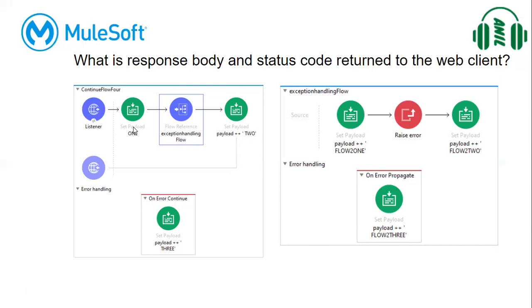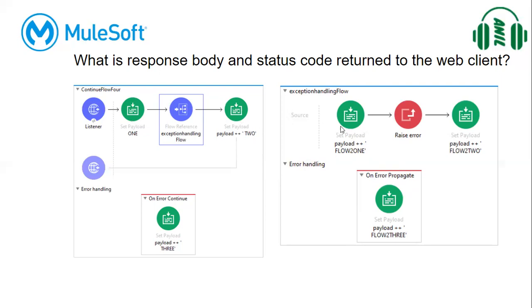So 1, then it will come to flow to 1, and it will go to flow to 3, and it will go to 2, because here we are using on error continue. If we are using on error continue here, it will definitely respond back with success. So it will go to the next connector and then exit.